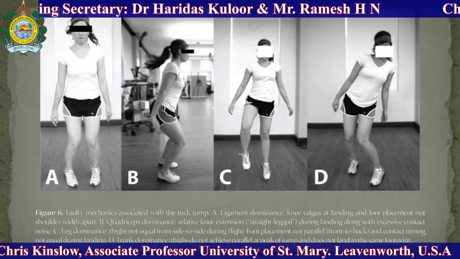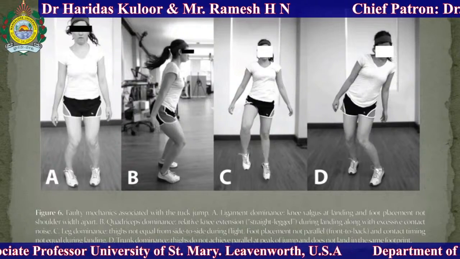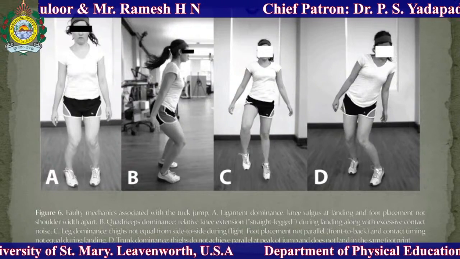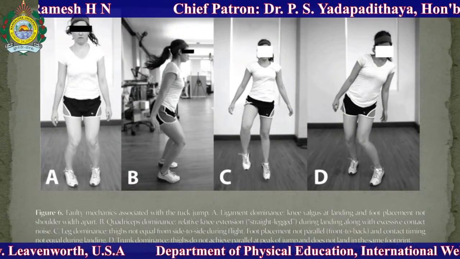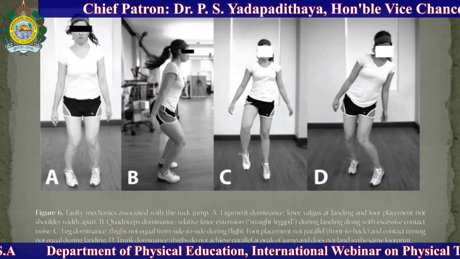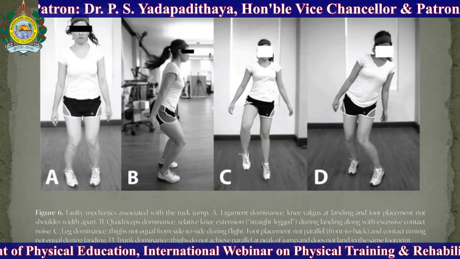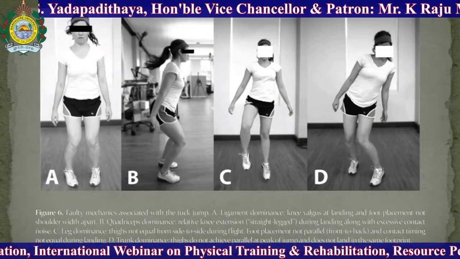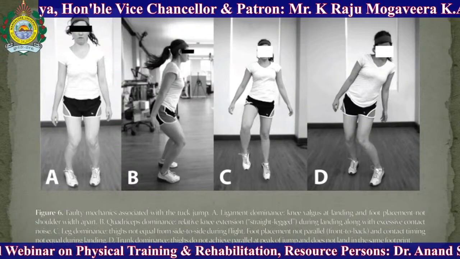In letter C, you see the person landing on one leg more than the other, so they have a leg dominance, and that puts that leg at a lot higher forces, and if anything goes wrong there, that could be problematic. D shows an example of what could go wrong, which would be they land on one leg and the trunk radically deviates off to one side, and that causes a lot higher forces to be placed on the ACL.